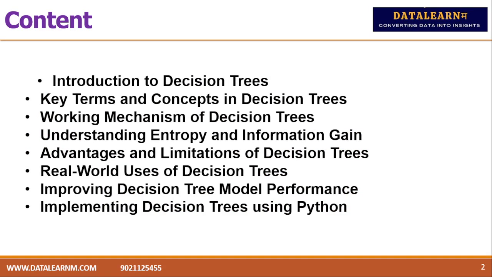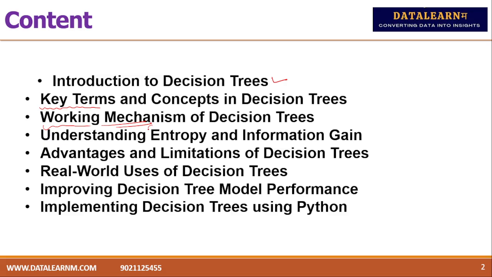So these are the points we are going to cover today. Introduction to decision tree. Some key terms, which we have just discussed, like what is a root node, what is a leaf node, what is a decision node, and what is meant by a subsection of a tree, or branches. Then how the decision tree works, what is the working mechanism behind decision trees.